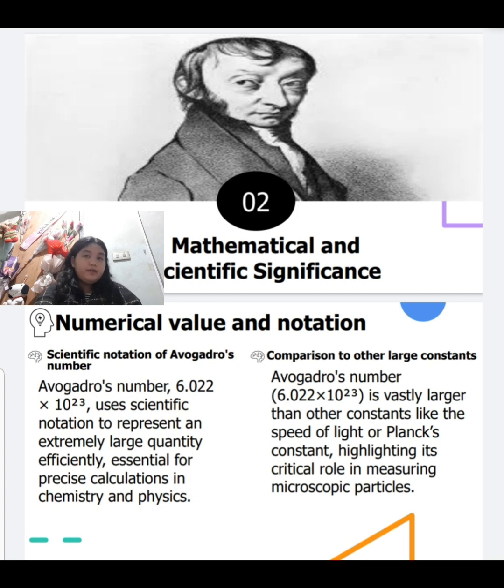In comparison to other large constants, Avogadro's number, the same 6.022 times 10 raised to the power of 23, is larger than other constants like the speed of light or Planck's constant, highlighting its critical role in measuring microscopic particles.